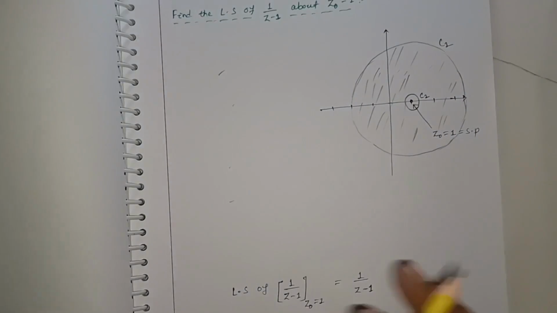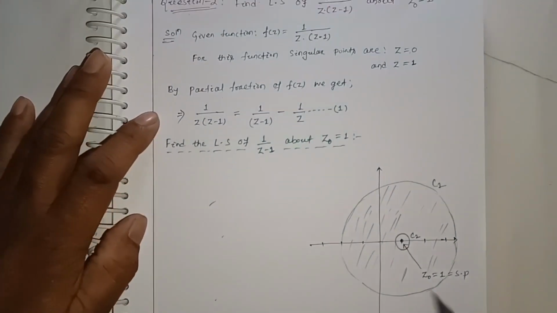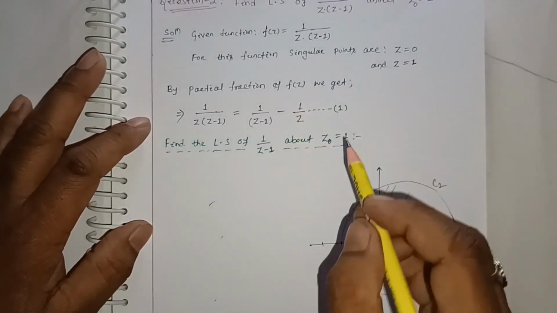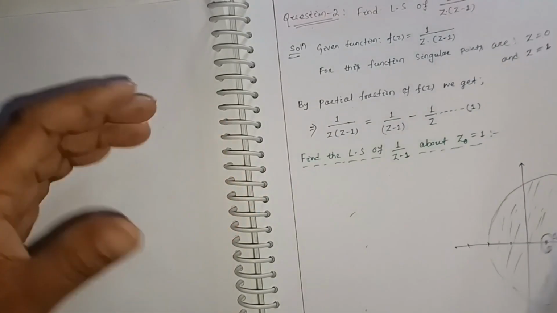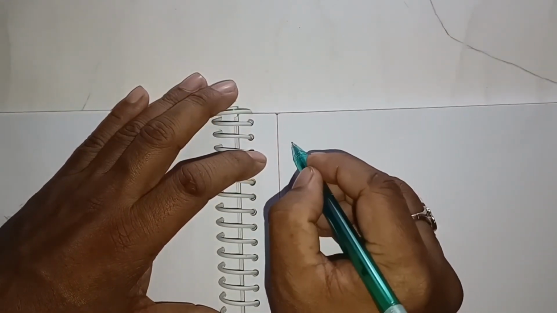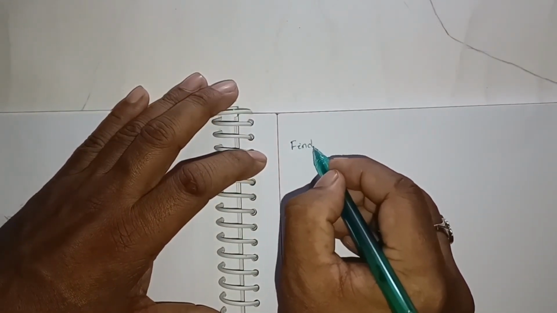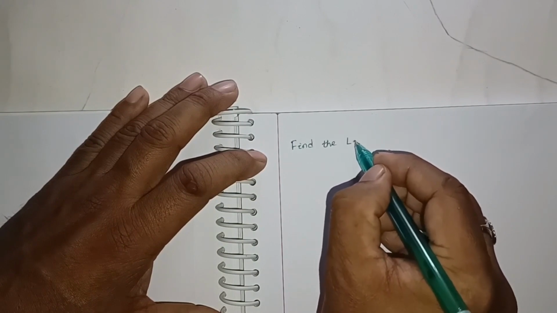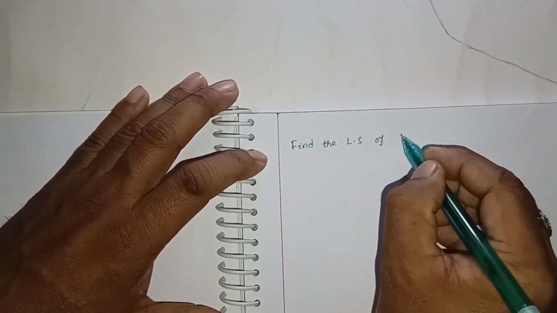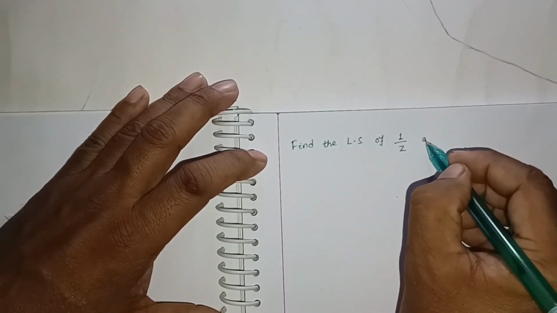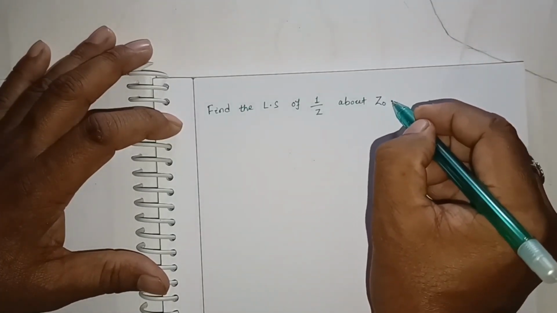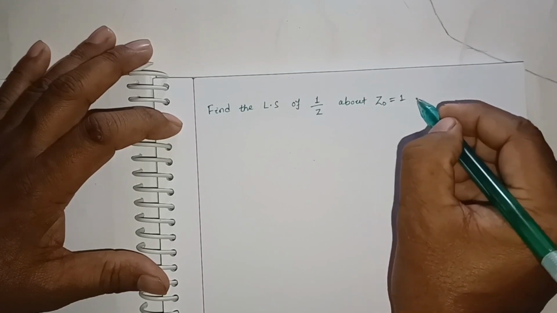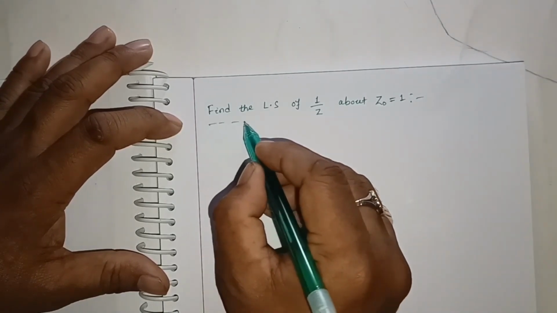Now we are going to find the Laurent series of 1 by z about z0 equal to 1. Same thing, we write the heading: find the Laurent series of 1 by z about z0 equal to 1.